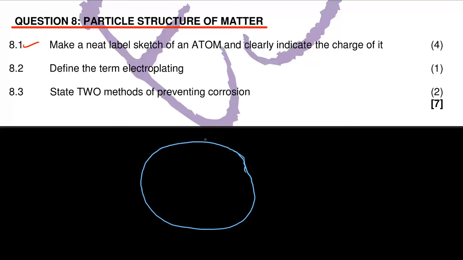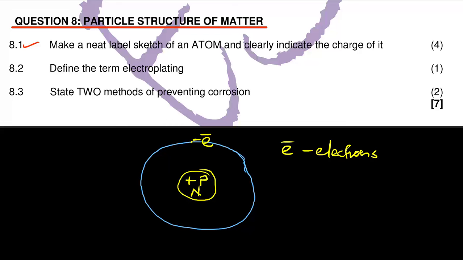So you've got that, and then in the center, remember they say make a neat labelled sketch of an atom and clearly indicate the charges. So the charges are important. You say positive for P, protons, and then N for neutrons, and on the outside you say E. You can have a scale to say E represents electrons, which are negative.